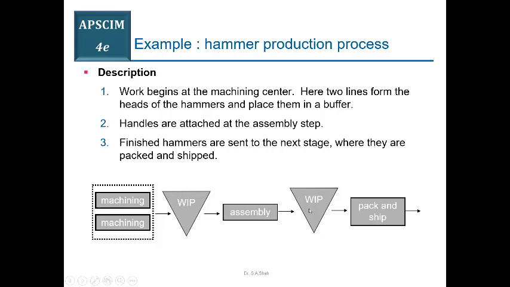And in between each workstation we do have the holding facility, the buffer zone. So hammer heads will be produced, they will be stored in the buffer facility available next to machining stations, and from that then it will be delivered to the assembly section and so on.